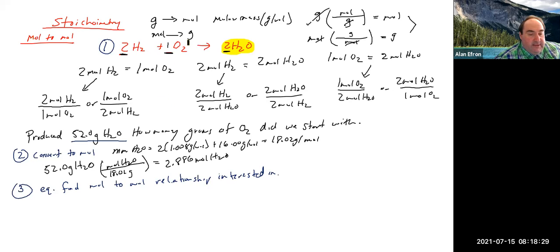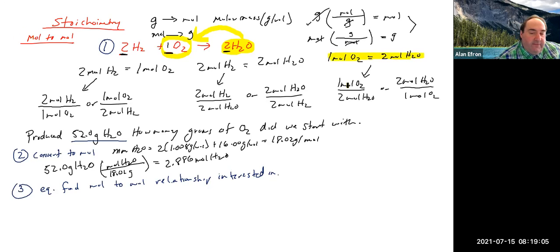We're actually interested in the final part of the problem, oxygen. So this is really what the stoichiometry is. Again, you can't go to a table and ask, what is the relationship between water and O2? There's no such conversion. So where we find that conversion is from the balanced equation. We really are not interested in water, but we need a way to go from water over to the O2. And that is where we would find the O2 and water relationship that we got from the equation, which was in this example, this relationship.